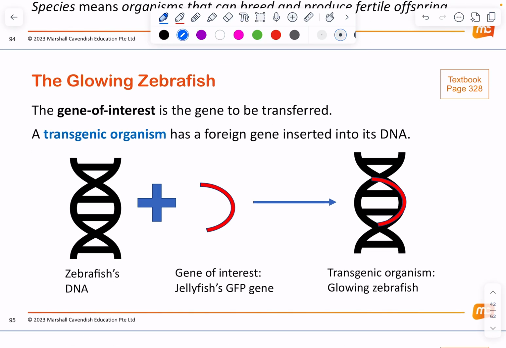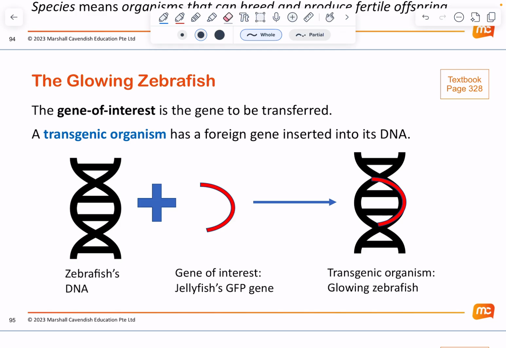One local example in Singapore is the glowing zebrafish. Zebrafish is a type of fish that we usually keep as aquarium pets, but we want it to glow in the dark. So we took out the gene responsible for the glow from another organism, generally the jellyfish, which expresses different colors, and injected it into the zebrafish. This is the gene of interest, the gene that allows the jellyfish to glow in the dark, and the zebrafish is the recipient organism.